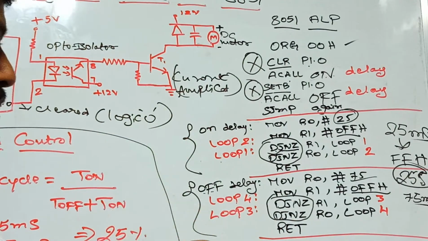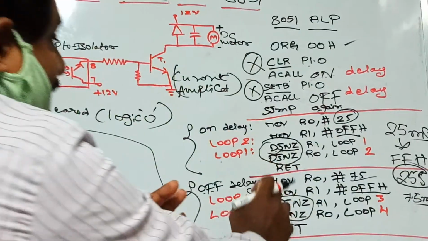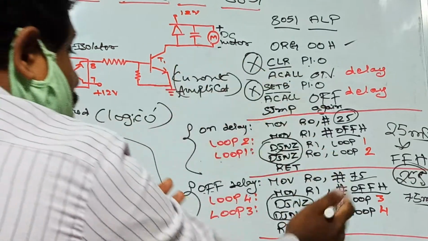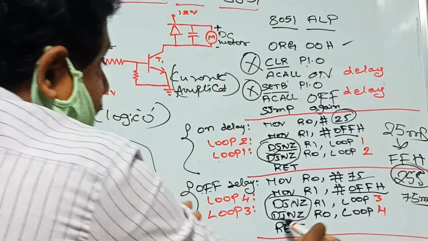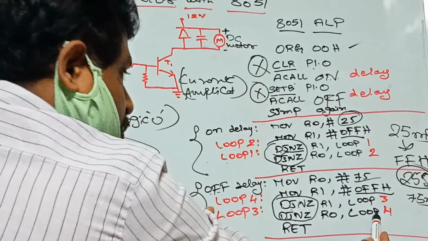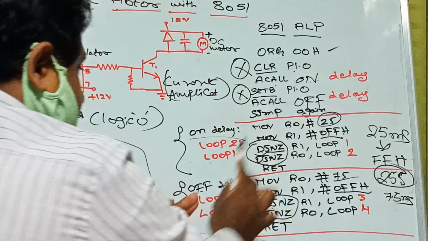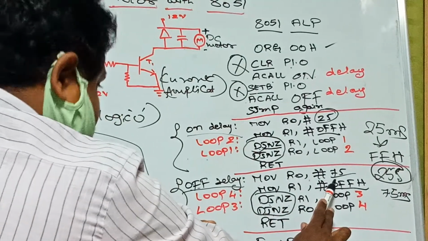If it is not 0, the program will run in that portion only. If it is 0, then return to the main program. So what time delays have I given here? DJNZ R1, loop 3 and DJNZ R0, loop 4. Here in turn on, the time delay is 25 milliseconds, and in turn off, the time delay is 75 milliseconds.